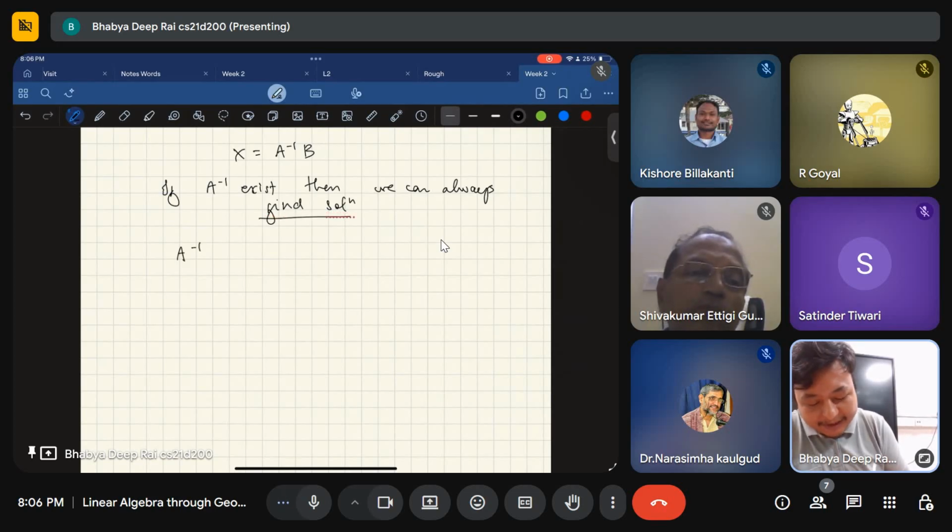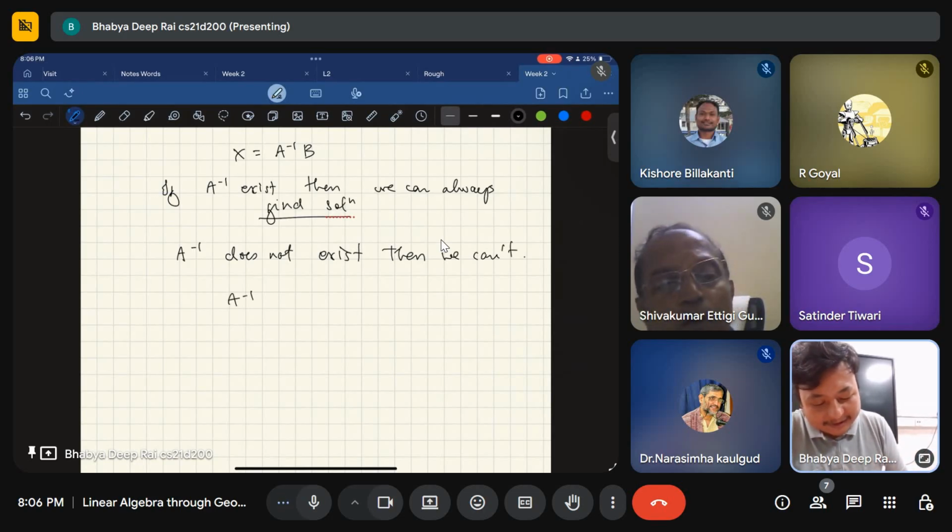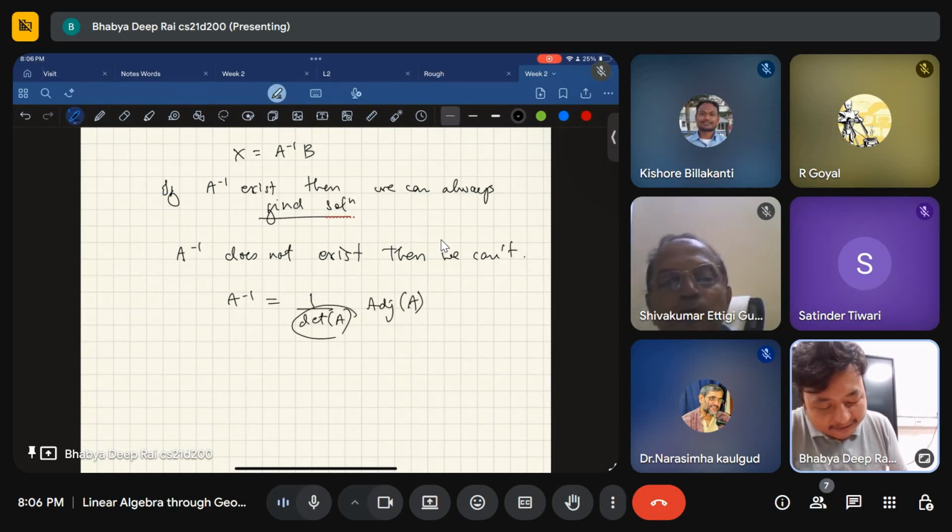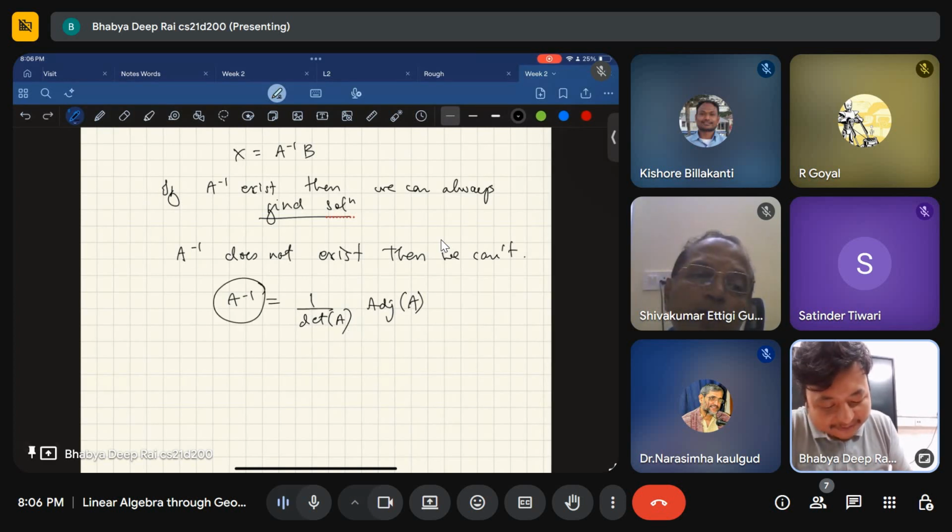The question is, if A inverse does not exist, then we can't. That is the only case when we can't. And when does it not exist? Look at this: A inverse is 1 by determinant of A times the adjoint of A. This A inverse will not exist only if this determinant is 0.